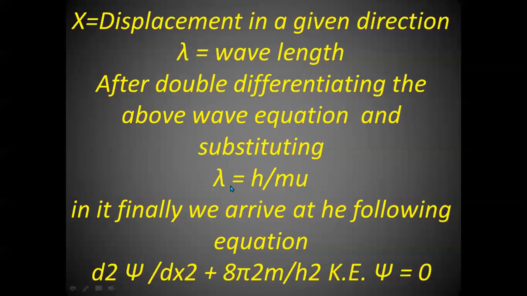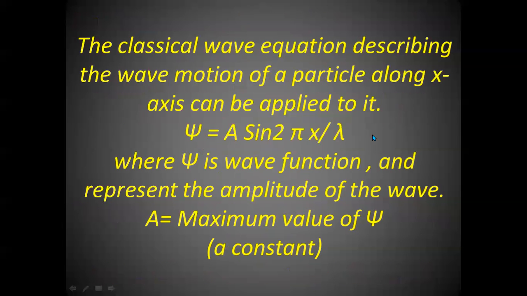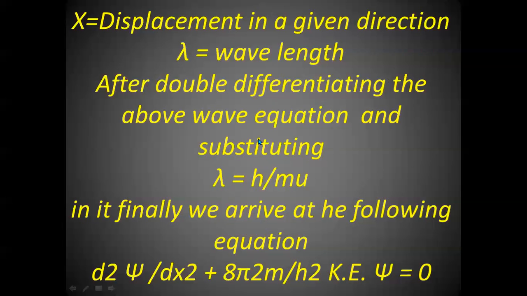So when we substitute h by mu in place of lambda, finally we arrive at this equation. Remember that we are differentiating this equation twice, which is called double differentiation, and on substituting lambda equal to h by mu, we get this equation.